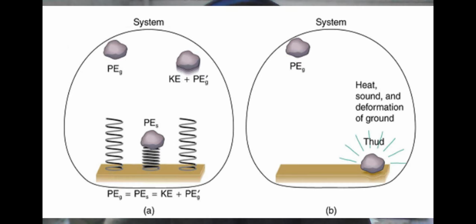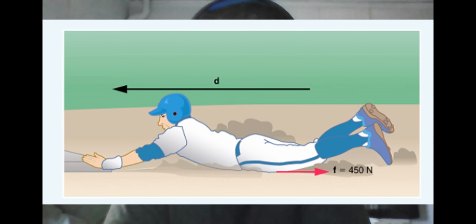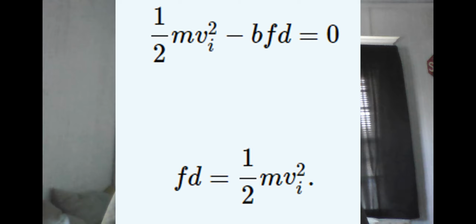So an example is, if we want to find the energy involved in a baseball player sliding to a stop, and we are given a mass and initial speed, as well as an overall distance traveled, and that the force of friction is constant in the path, then we can plug in everything into 1/2 mass times velocity squared, the kinetic energy at the beginning, minus force times displacement of friction equals 0.